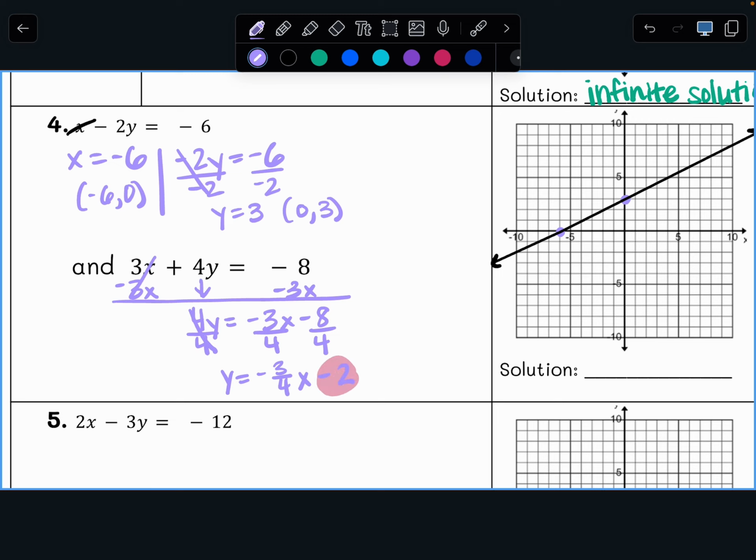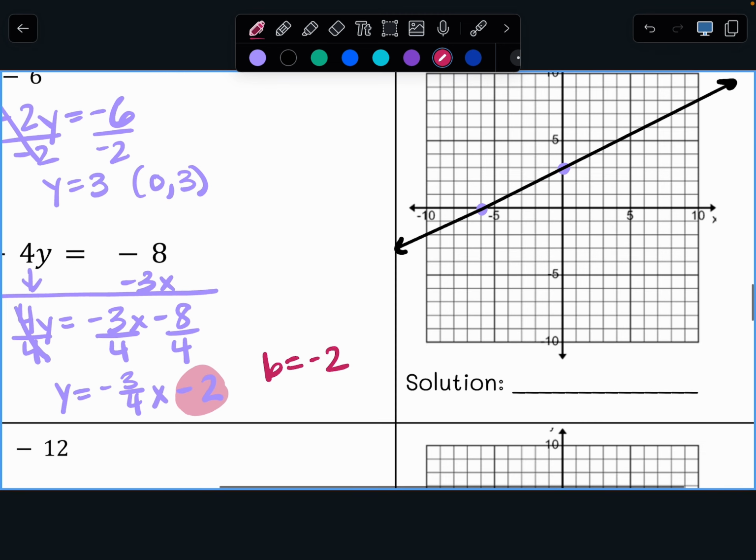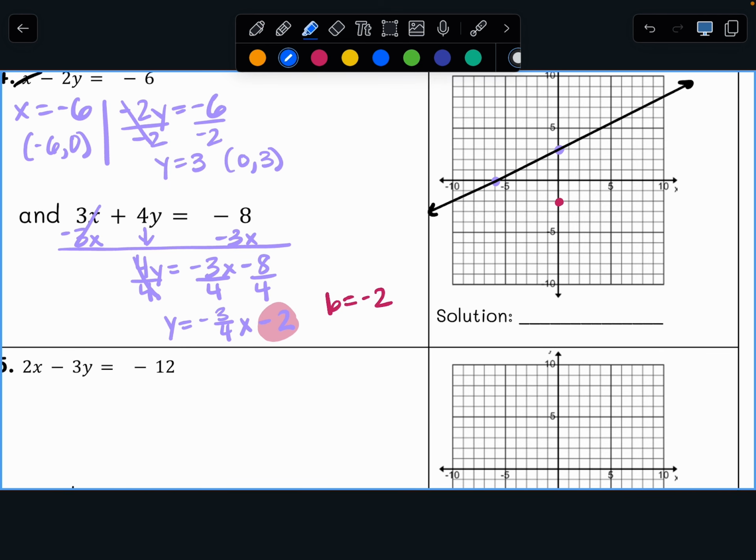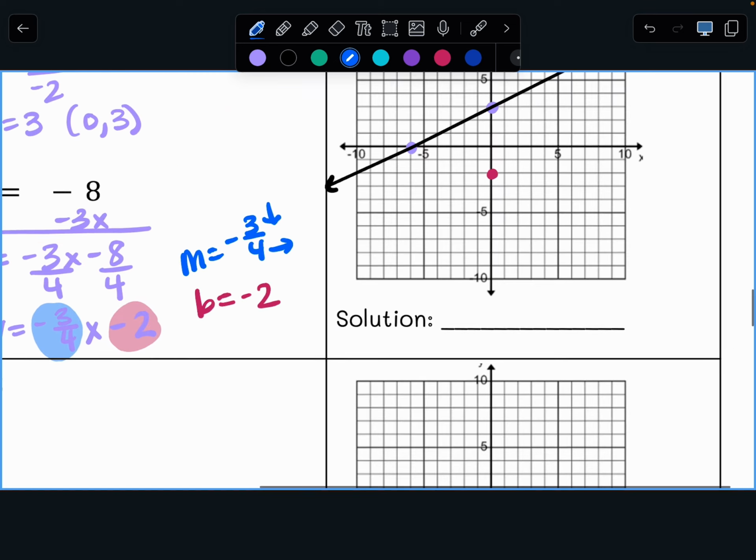So b is my y-intercept. That's going to be negative 2. So on my graph, plot negative 2. And the slope is negative 3 over 4. So this will be down 3 and 4 to the right.